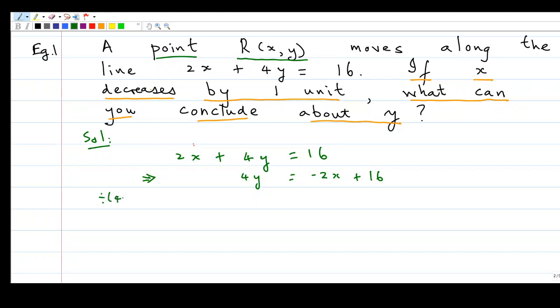Dividing throughout by 4 implies that y is equal to negative half x plus 4.